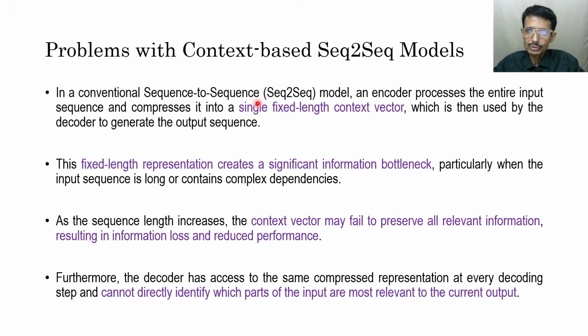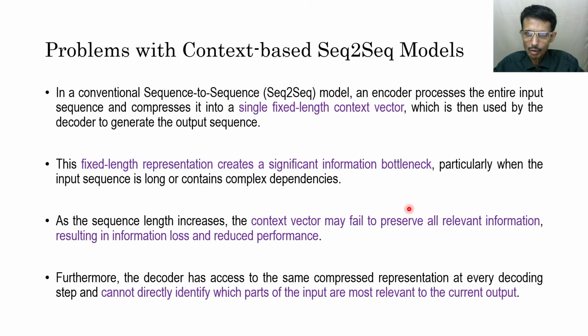In a conventional sequence-to-sequence model, the encoder processes the entire input sequence and compresses it into a single fixed-length vector, which we discussed earlier, and which is then used by the decoder to generate the output sequence. Now, what is the problem with this? This fixed-length representation creates a significant information bottleneck.